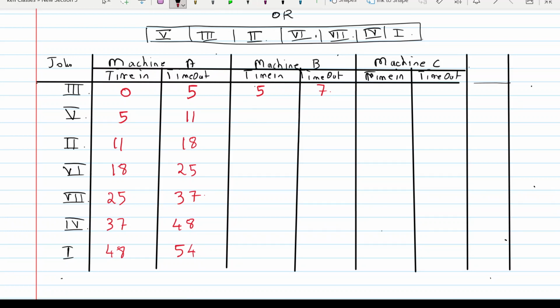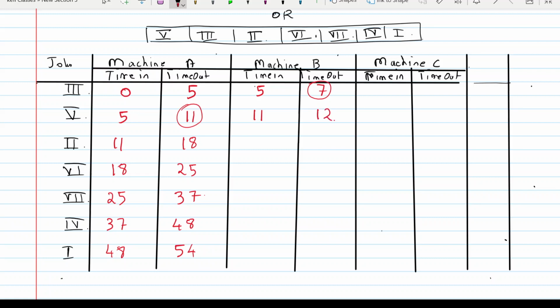Okay? Between 7 and 11, these two values, whoever is the highest, that has to be taken. So this will be 11. And it's now which job? Fifth job. Fifth job, second machine is for how much time? 1. So 11 plus 1, 12.